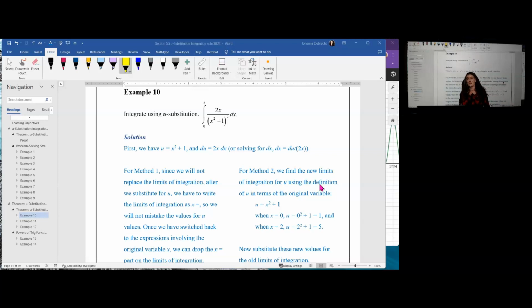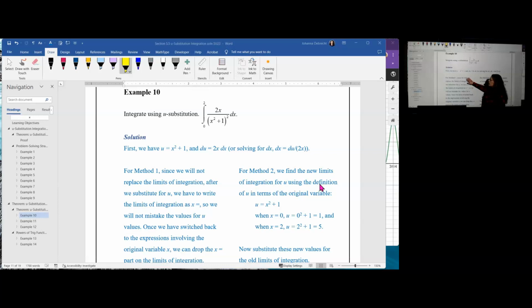We can move that term to the numerator if we want to. In this case, I check to see if I have a multiple of the derivative of the inside in the integrand as a factor. The derivative of x squared plus 1 is 2x, and I do have a 2x as a factor in the original integral.